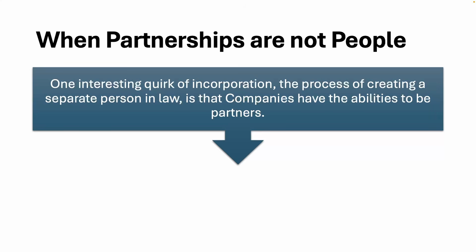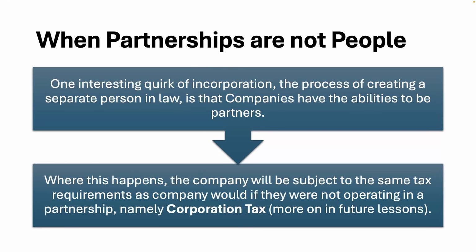One of the interesting quirks of incorporation, the process of creating a separate person in law, is that companies have the ability to be partners. They have personhood in a legal sense, not in a physical sense, but in a legal sense. And so just like ordinary people who are looking to build partnerships, companies can theoretically have that same kind of option.